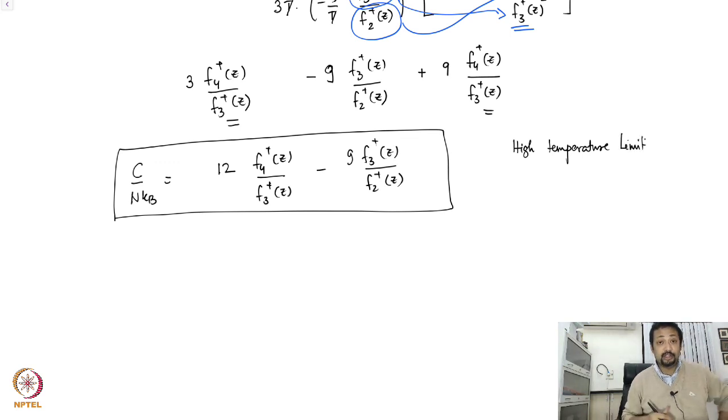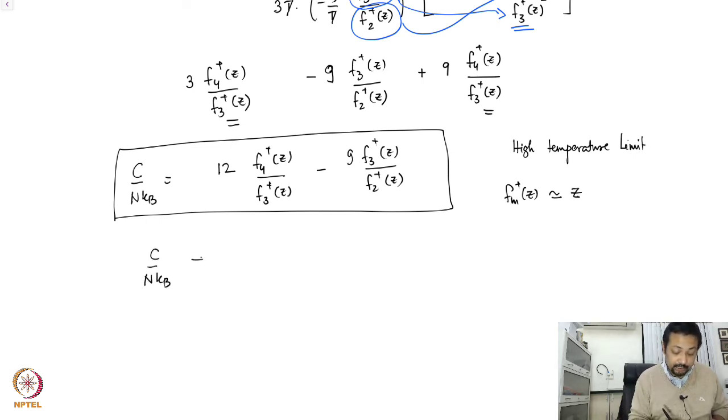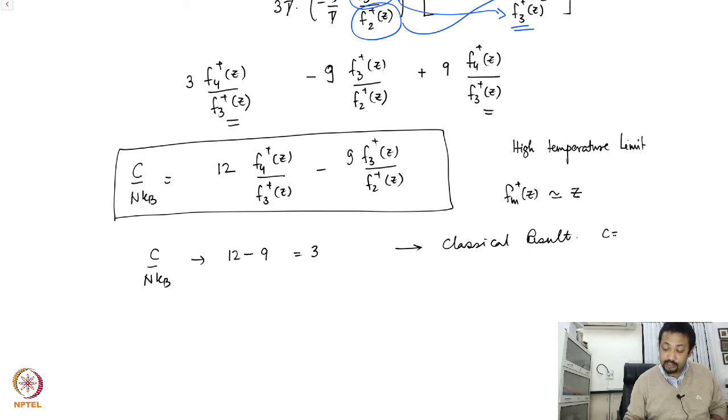And in the high temperature limit, z is very small, and I know that all of this Fm plus z is approximately z, so that the specific heat C over NKB reaches 12 minus 9, which is equal to 3, and this is the classical result, which is C is going to be 3 NKB.